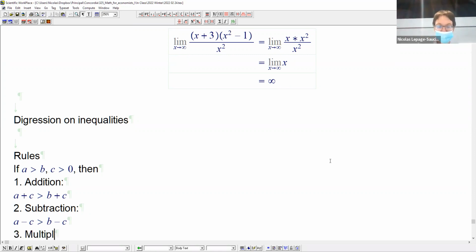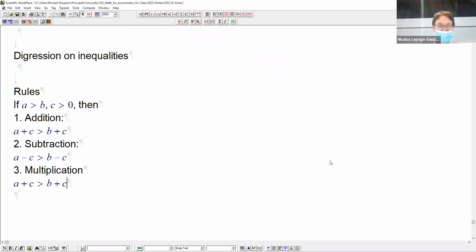Multiplication: AC is greater than BC, and remember this, because I'm going to discuss multiplication by -1 later on.